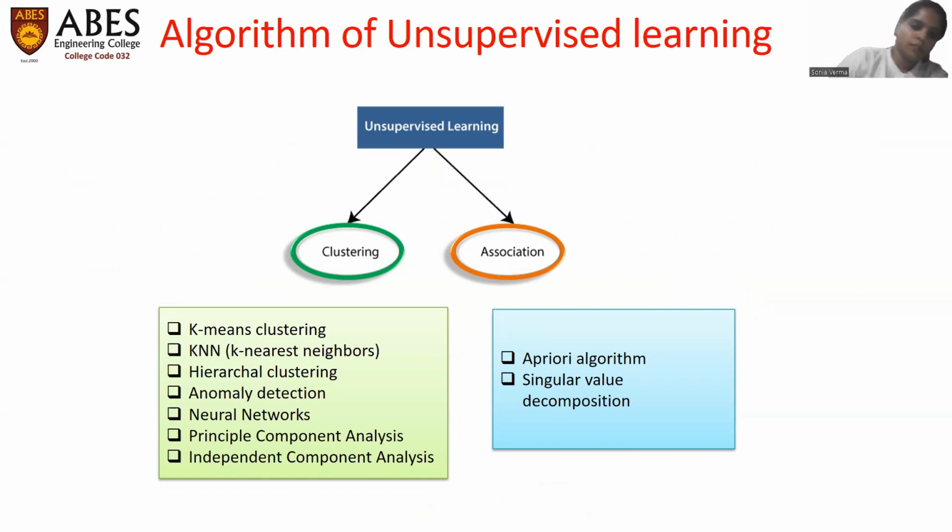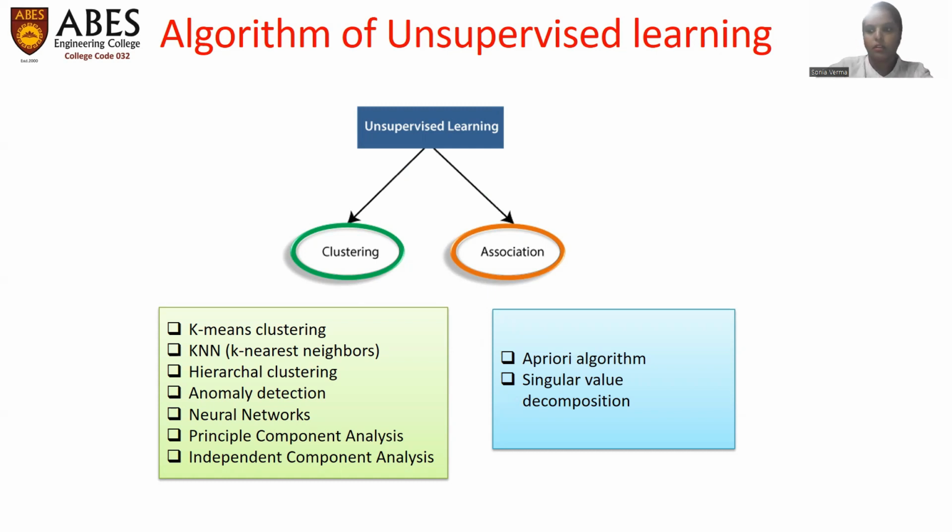Coming to clustering, what is clustering? As we know, in unsupervised learning, similar kinds of data, on their specification, their size, shape, all these things, will come to one cluster, and other data will come to another cluster. Cluster means grouping of data on their similarities.